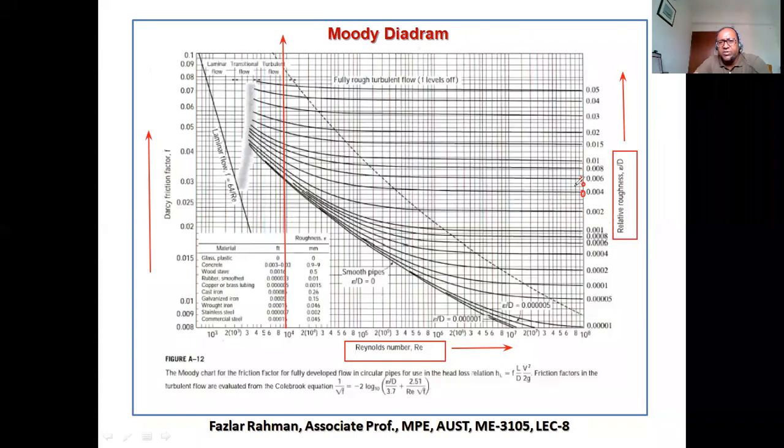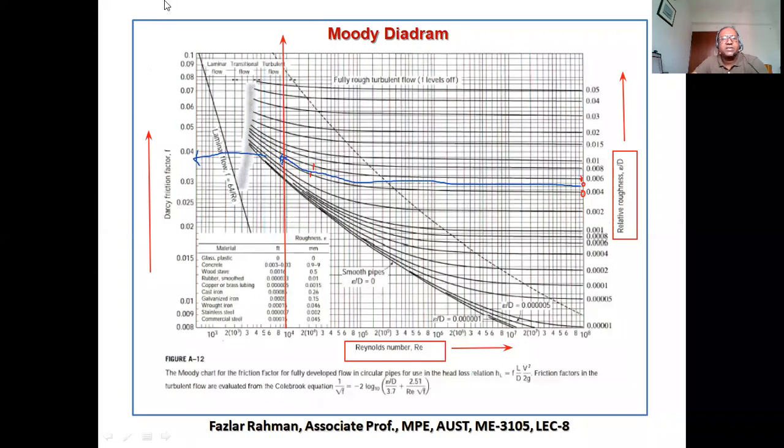So if there is one more line, you draw a similar line that goes in between this line and this line, right? So if I take a blue line, you make a similar line all the way between these two lines until it hits over here. Now it's coming right over here, right? Now you go to the left side and figure out your friction factor.